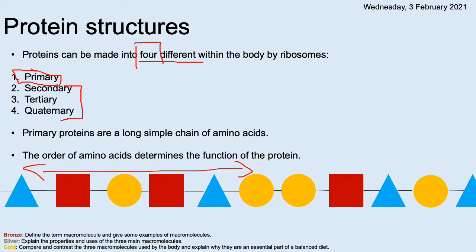So if you had a primary structure that was for amylase, the enzyme that breaks down starch in your mouth, but you wanted to make a hormone like insulin, then you will not be able to make that. You will just make amylase because the primary structure is for amylase.